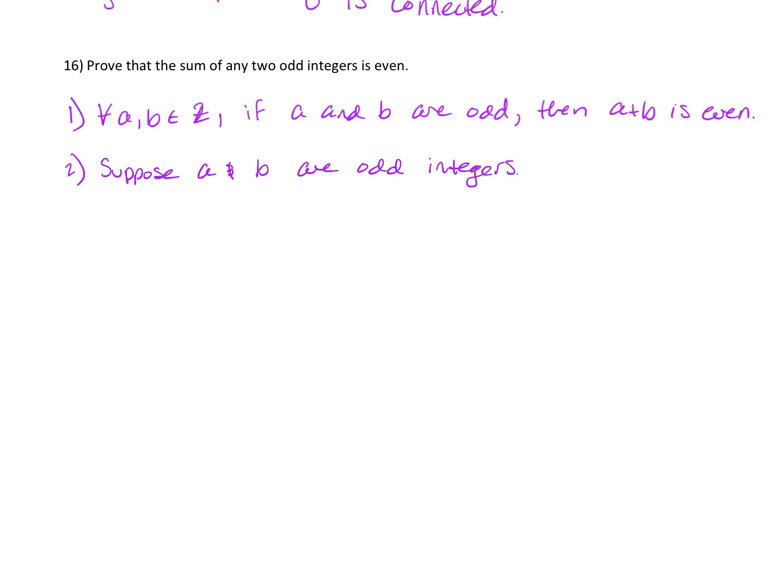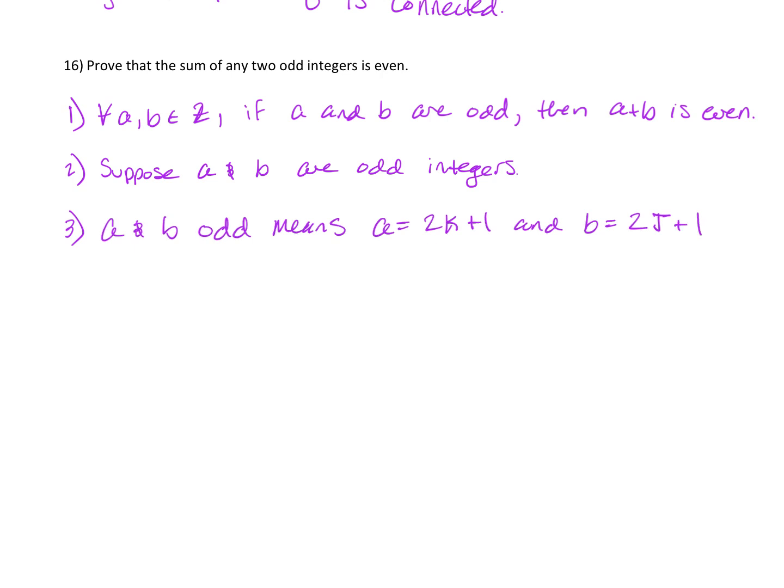Okay, step three is write the argument. Use definitions, use theorems, try to write an argument that, assuming this is true, it must be that this is true. We need to show that a plus b is even. Okay, so a and b are odd. So a and b odd means a is 2 times an integer plus 1, and b is 2 times not necessarily the same integer plus 1.